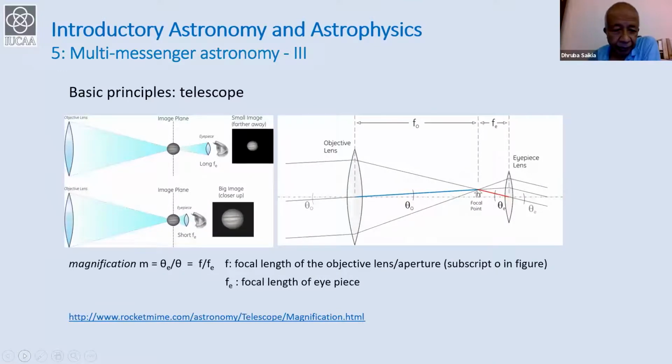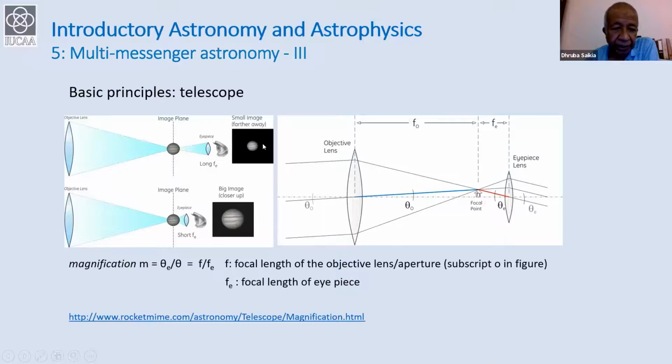This actually shows you the same sort of thing which we discussed earlier, that this is the eyepiece over here, which I hadn't drawn over there. I've just shown the focal plane over here. If you had a smaller f_e over here, because magnification is the ratio of two angular sizes, theta what you observe and theta what it is incident at, and magnification is given by the focal length of the objective divided by the focal length of the eyepiece.